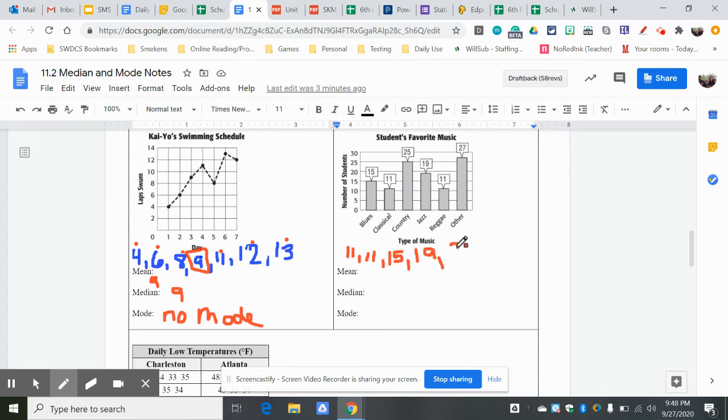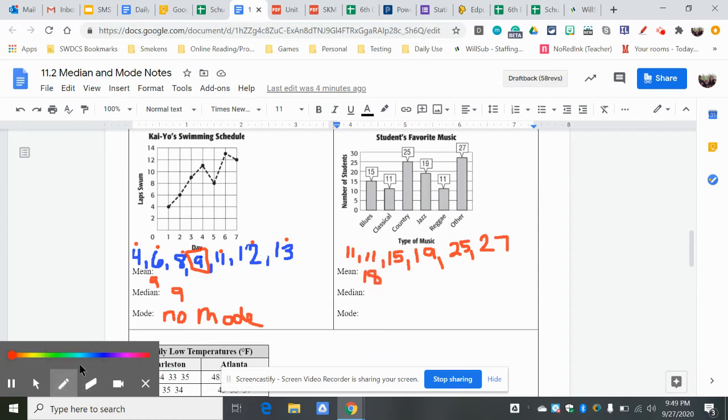And then 25, and then 27, 27. I'm going to count and make sure 1, 2, 3, 4, 5, 6. Yep, I haven't forgotten any. So add up those numbers and then you will divide by 6 because there are 6 data points. You should have gotten a mean of 18.